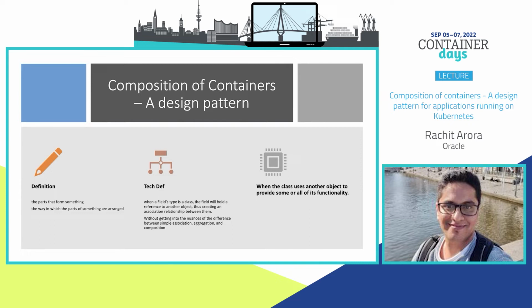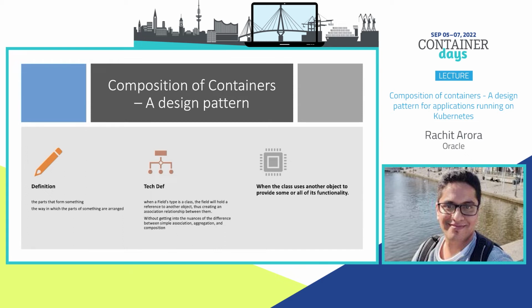It basically means that some different parts come together to form a bigger thing, or to form one action together. In the pure tech definition, when a field's type in a class holds a reference to another object, it primarily means we are composing that object in the primary class.